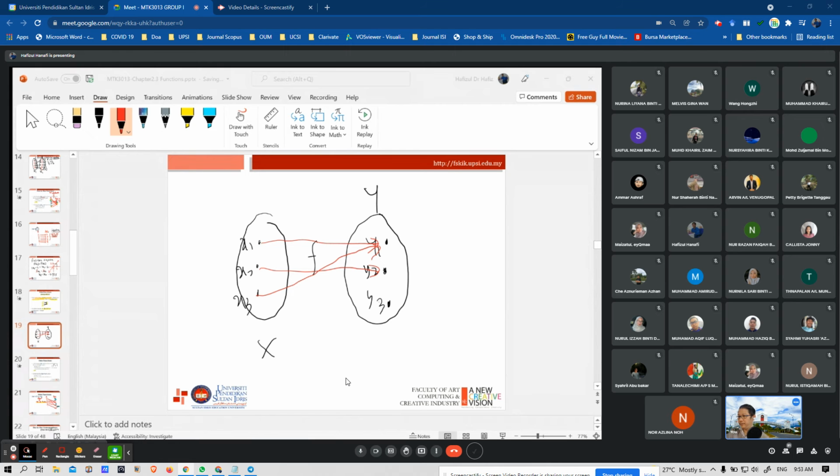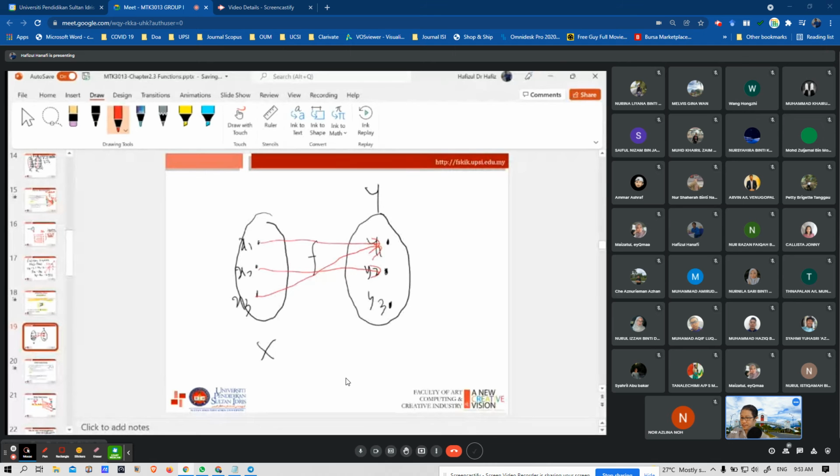If we have the cardinality of X equal to Y, we can have a bijective function.